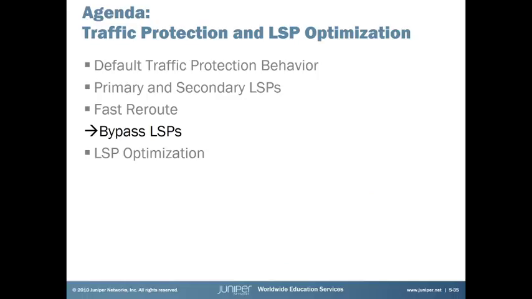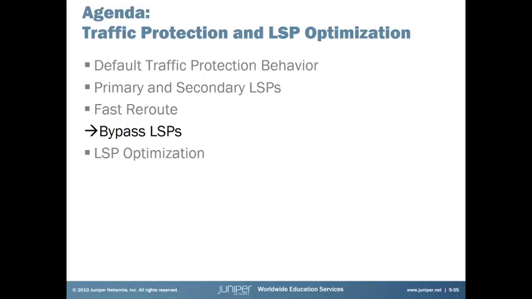Okay, so let's just take a look at fast reroute. So what did fast reroute do? It protected a label switched path by pre-calculating in advance the detours around downstream nodes, so if one of them fails, the detour is ready to go.